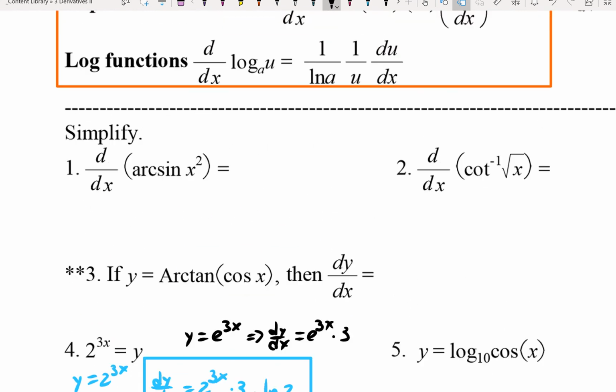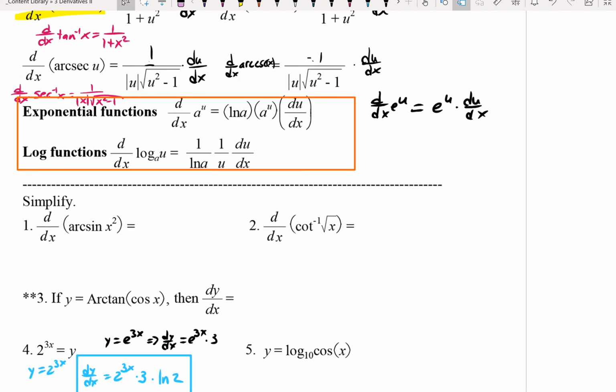Now, let's go back up here again. Recall that the derivative of the natural log of u is 1 over u du dx. Well, this is the same thing with an extra 1 over the ln of the base. So same derivative, but remember that ln of x is actually log base e of x.